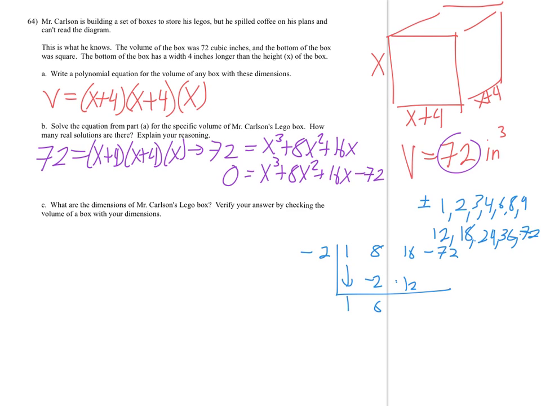Negative 12. 16 plus negative 12 is going to be 4, negative 8, and that does not work. How about positive 2? My original gut instinct. All right, we got 1, 2, 10, 20, 36, 72, and 0.